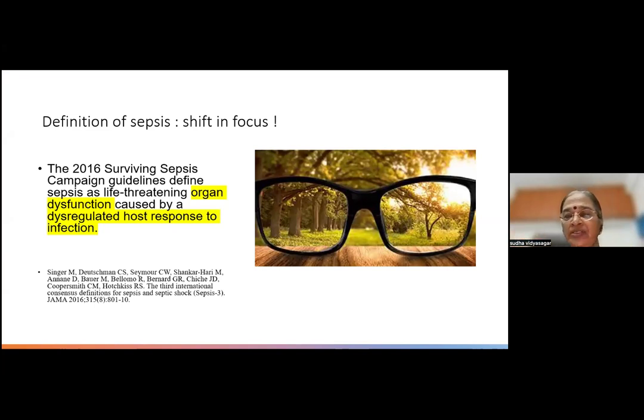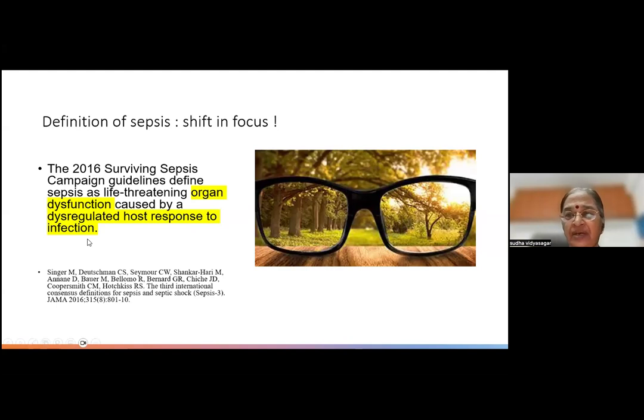Now, a very important change happened with this definition, because so far we were always thinking that sepsis is about the bacteria, sepsis is about the microbe, and so you have an infection caused by an organism, and that is what we thought as sepsis. But over the last 2 decades, a complete change in the understanding of sepsis has happened, that sepsis is as much about the organism as it is about the host. So if you see this definition here, it's a dysregulated host response to infection.